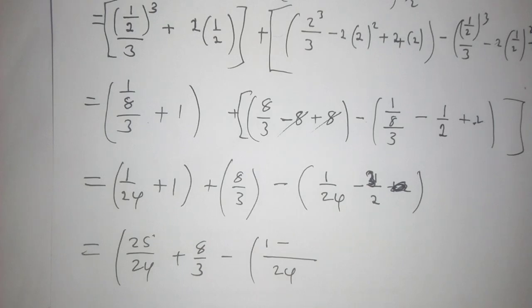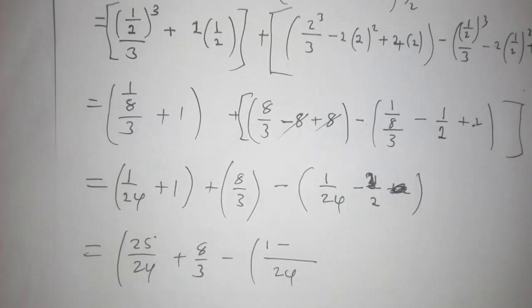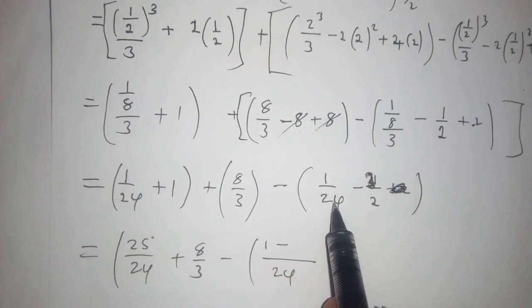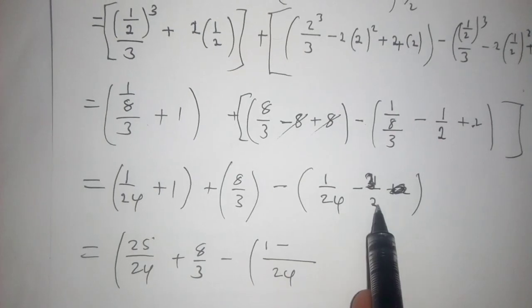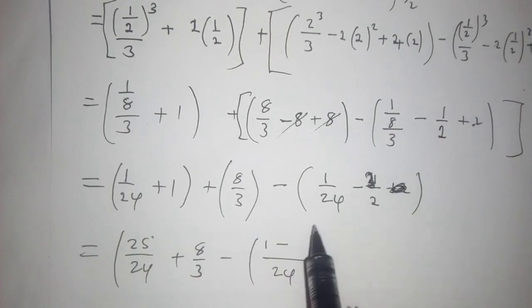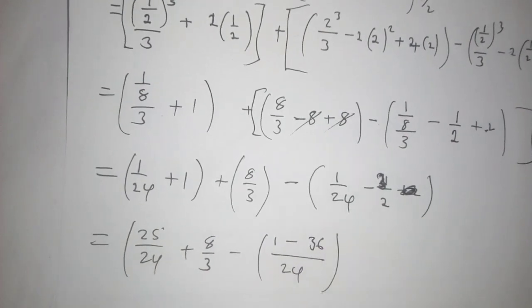So here we say 2 into 24, it's 12 times 3 is 36.